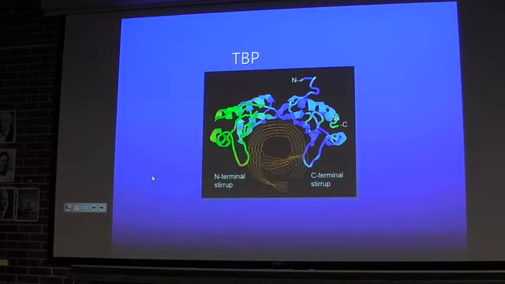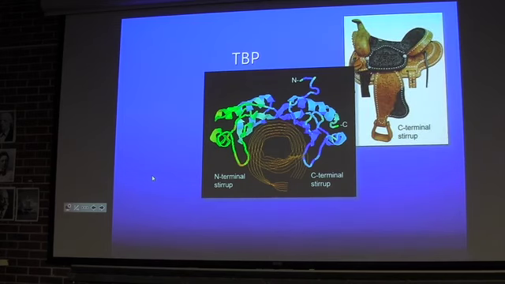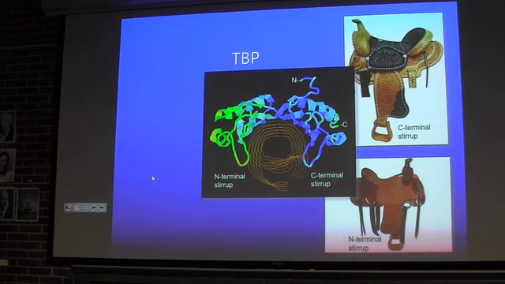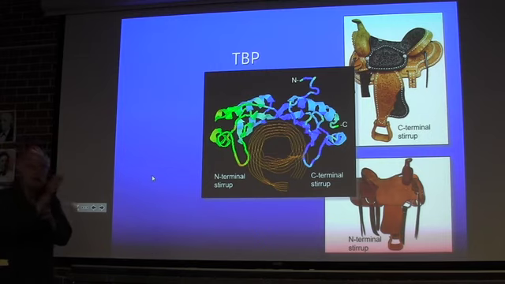The N-terminal stirrup is where TFIIA binds, and the C-terminal stirrup, TFIIB. Think of it as a saddle, a place to sit. This will help you determine the direction of transcription. Because if you can sit in it as a saddle, then you are looking in the direction of transcription.